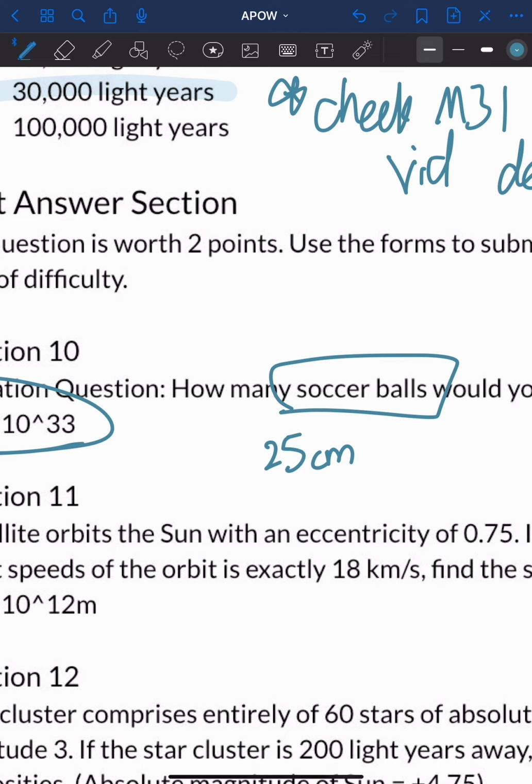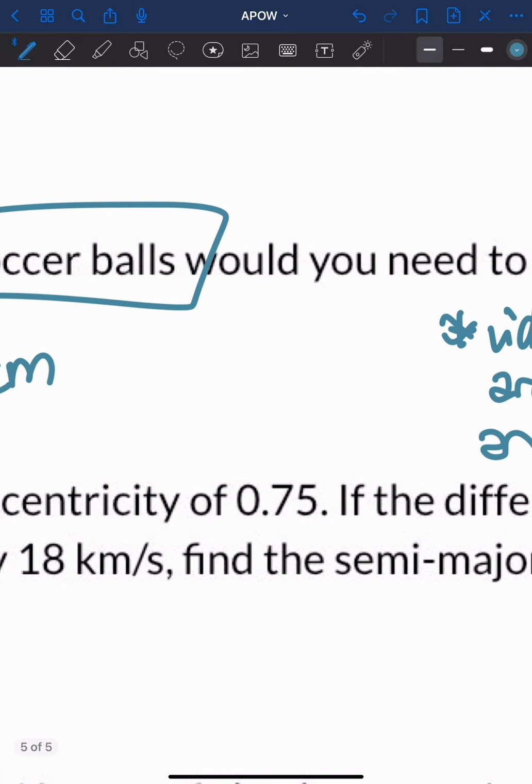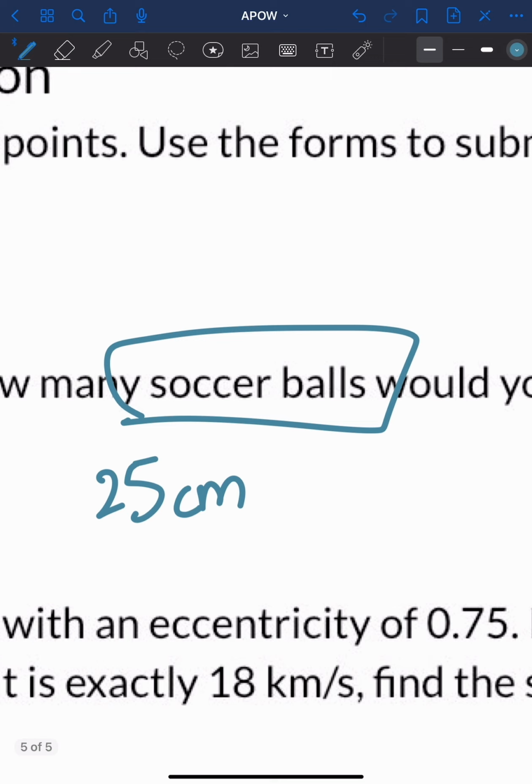Regardless, let's go back to Arcturus. What is the radius of Arcturus? Let's take a look-see. So the radius is like 28 solar radii. And then the soccer ball is like, how much?